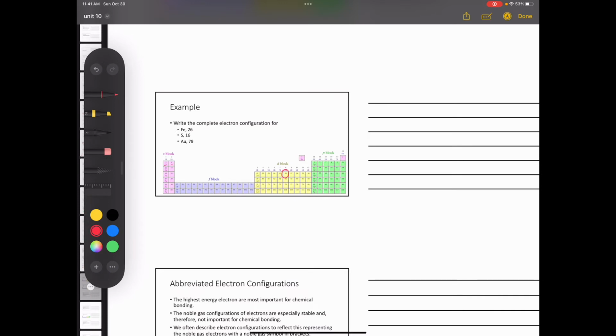You have to keep in mind that every square in every block, the d, the p, and the s, indicates the capacity of holding electrons. That's why when you look at the s block, there are 2 little square boxes. Once you reach a third electron, you have to go to the p orbital. The p has 6 squares, which means the capacity of holding 6 electrons.